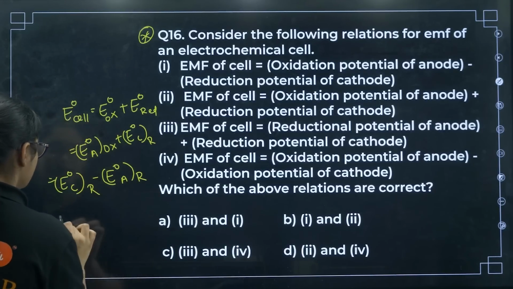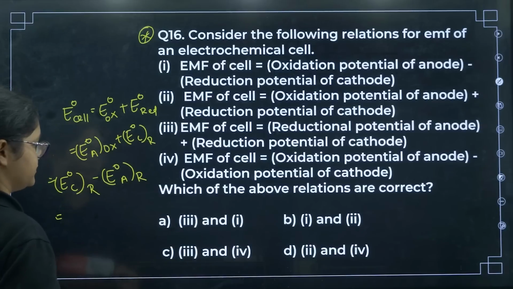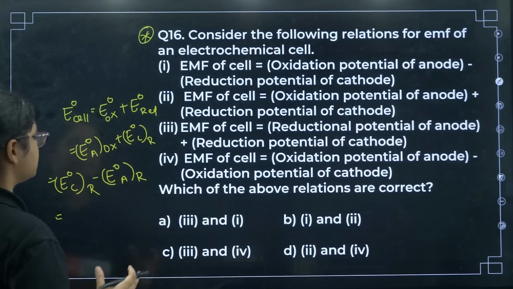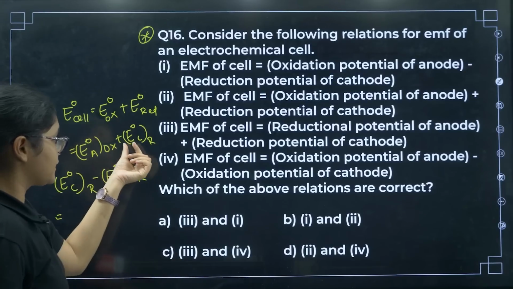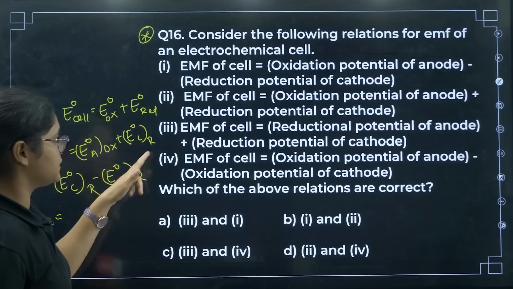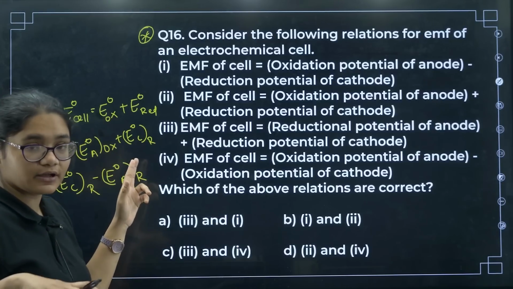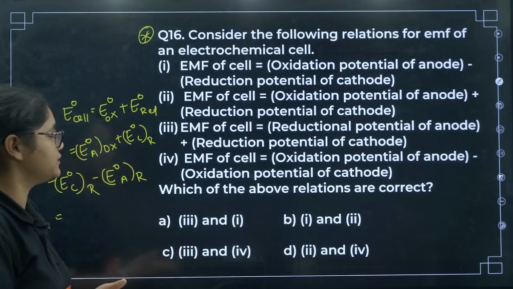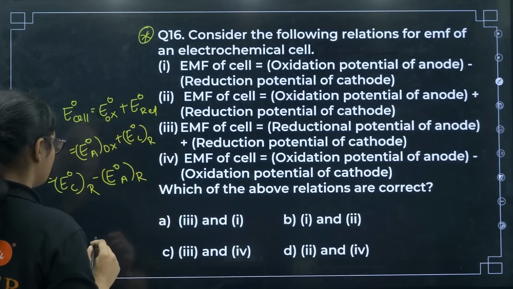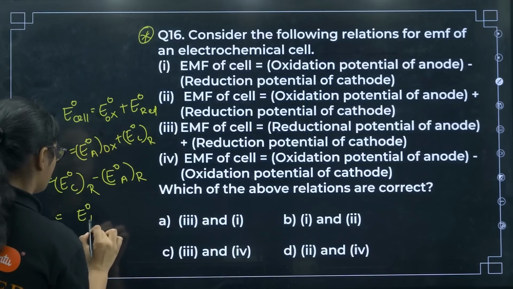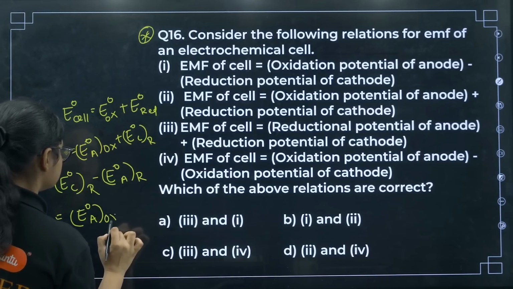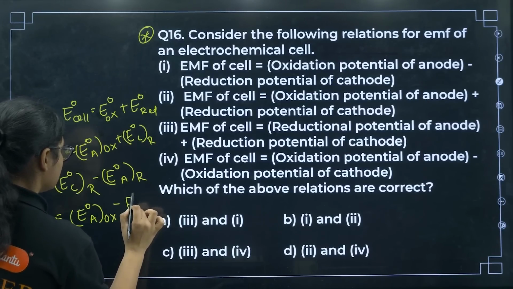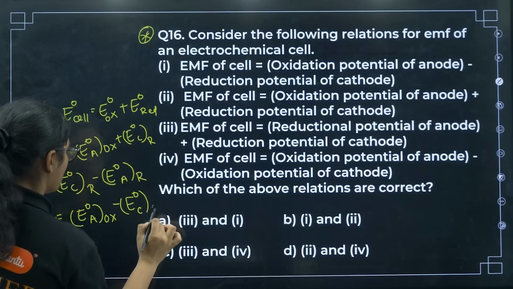Now similarly, if I have oxidation potentials, if I want to mention oxidation potential, the anode will remain as it is, but the cathode, which is actually undergoing reduction, you want to write its oxidation potential, so this one will become negative. So E naught of anode oxidation minus E naught of cathode oxidation.